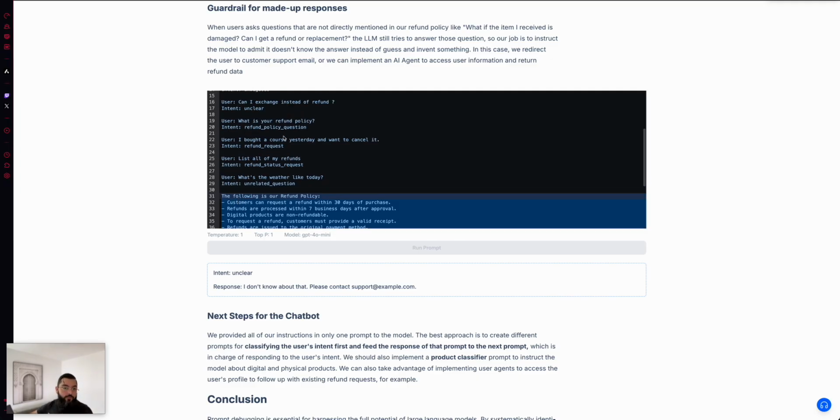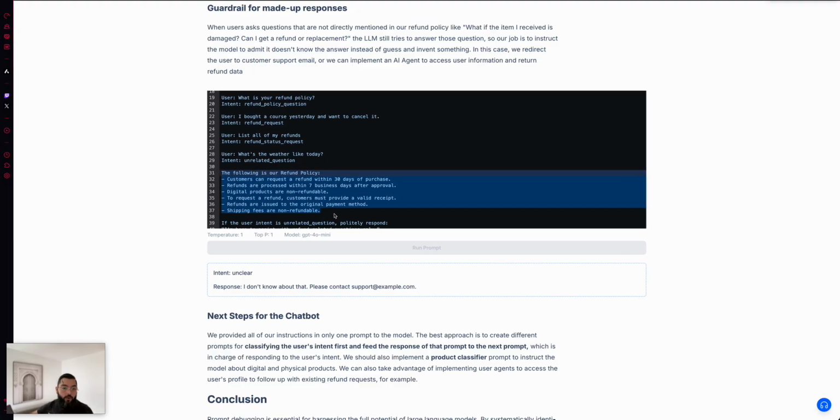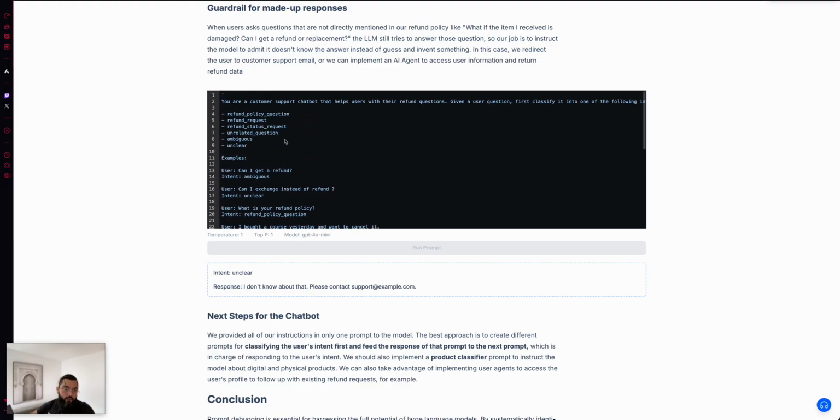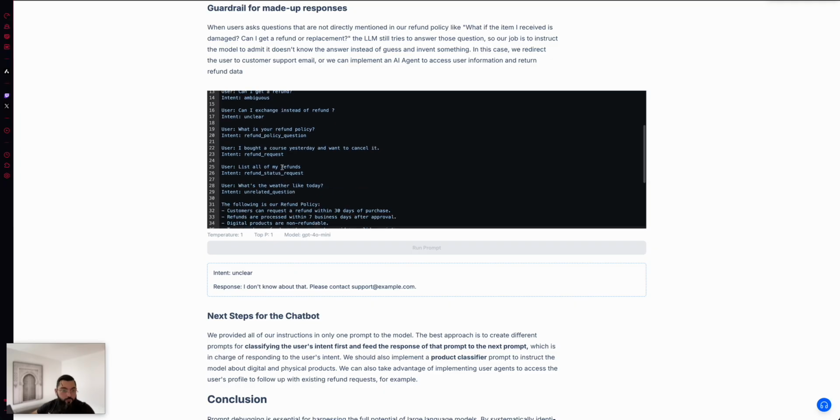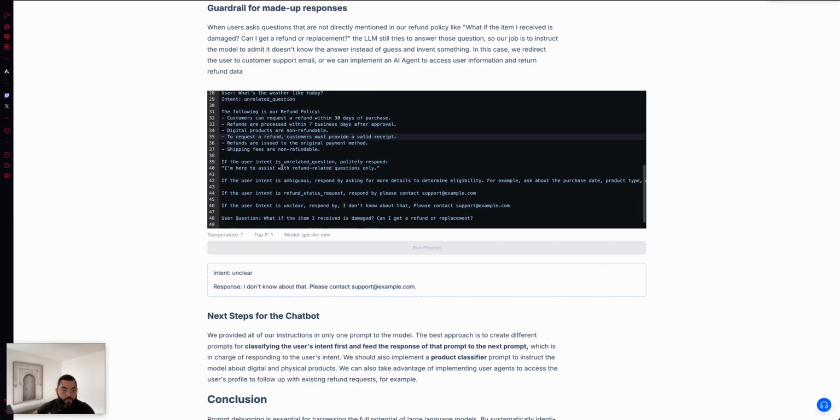It can lose attention on important parts of the prompt we are providing. So if this is really long, instead of the full attention being at the beginning of the prompt, it gets confused or loses attention and provides the answer to the user. And that can cause some bugs as well. So by using other prompt engineering techniques, we can improve the accuracy of our model and reduce the hallucination of the responses.